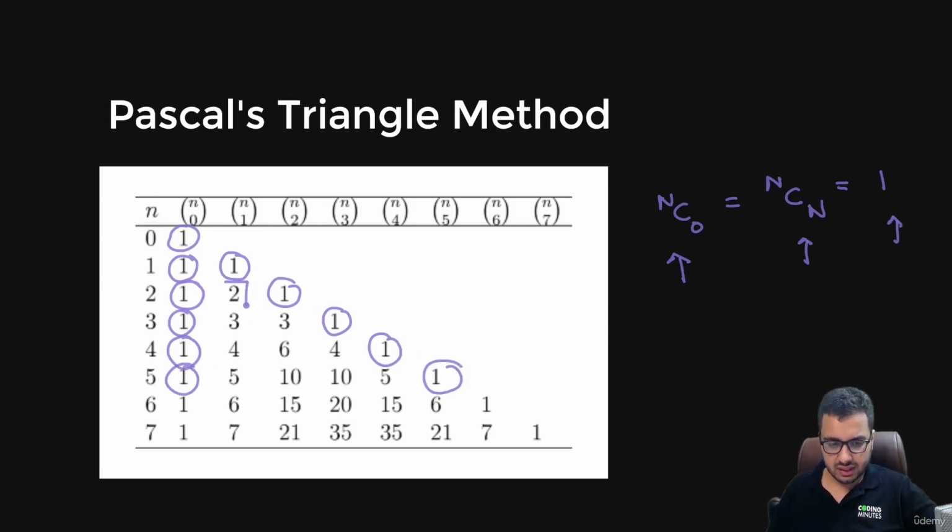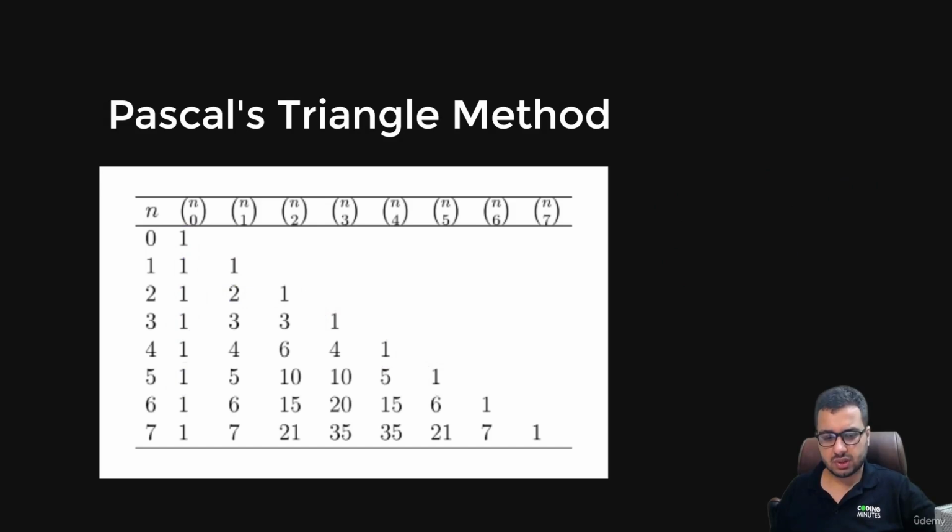But for the other terms, what you can observe is that each term can be expressed as the sum of two terms. There is a recurrence which can be used to define nCr. Let's say this is the nth row and the rth column.